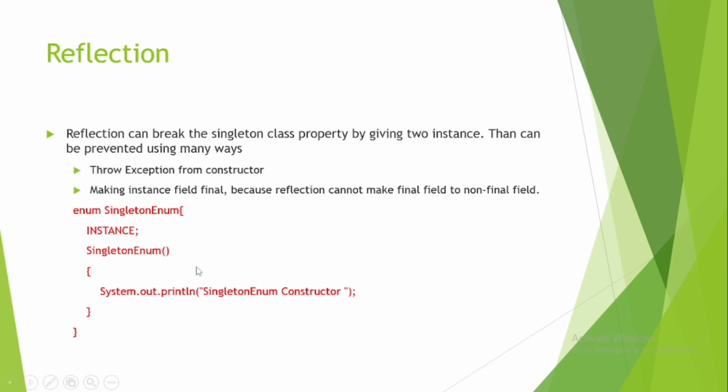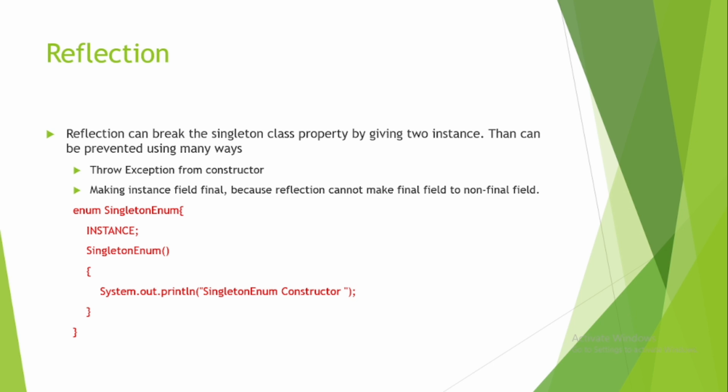In case of reflection also, using reflection you can break the singleton class property. How? Whenever you are using the reflection API, you will get a different object of the singleton class. The one and only one principle of a singleton class is that you must have just one object of that class.